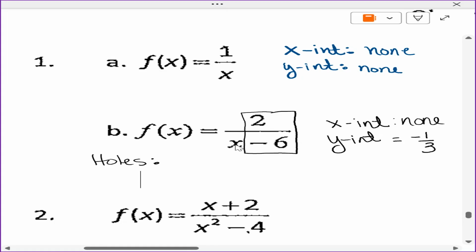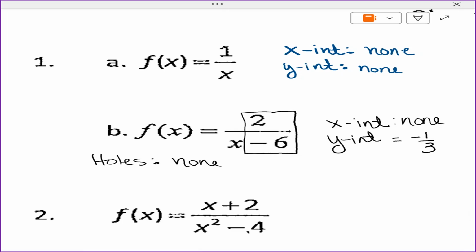So what value would put a 0 in your denominator? 6. So let's go to when x is 6. That's not going to happen because that's our asymptote, right? So we don't have any holes. Holes happen when you can cancel stuff out from top and bottom.